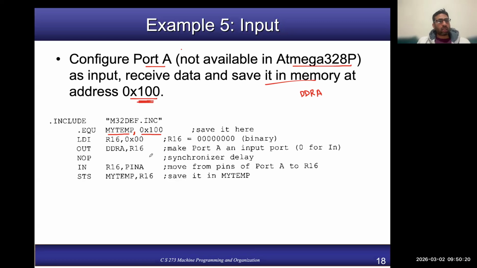Then we are putting all zeros in R16 using a load immediate instruction, and we are sending R16 to DDRA, which basically means that we are configuring port A in the input mode. Then we are inserting a NOP instruction, or no operation. No operation basically means do nothing. We just want to waste one clock cycle.